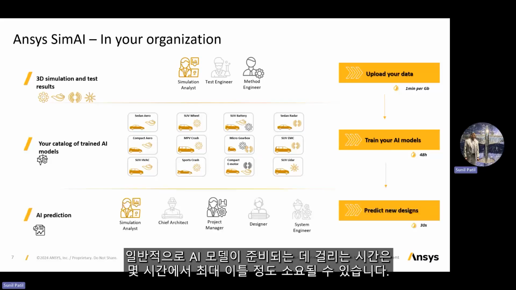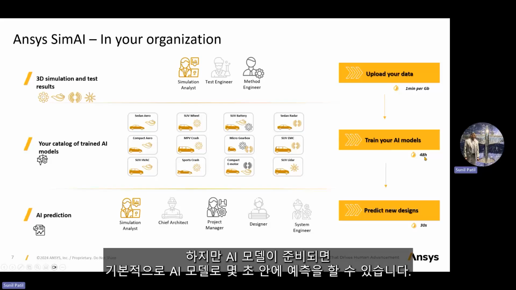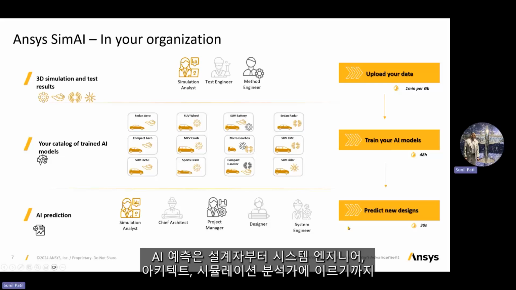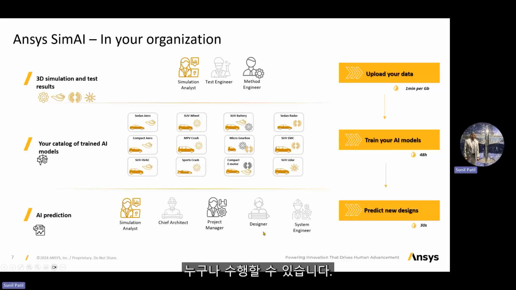And once those AI models are ready, and the typical training time can be a few hours, can be up to about 2 days. But once the AI model is ready, you're basically looking at doing the predictions with those AI models in a matter of seconds. And the AI predictions can be done by a variety of personas, anywhere from designers to systems engineers to architects to obviously the simulation analysts.